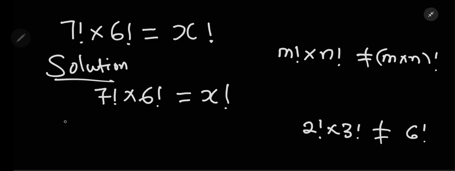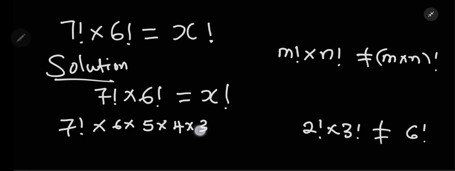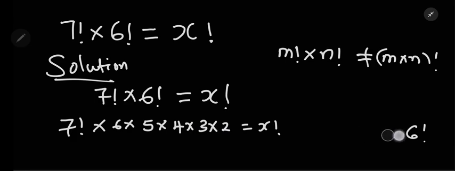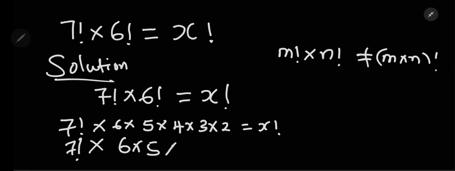Let's see, we have 7 factorial times, of course, 6 factorial can be written as 6 times 5 times 4 times 3 times 2, is equal to x factorial. So you have 7 factorial times 6 times 5 times 3 times 4 times 2 is equal to x factorial.